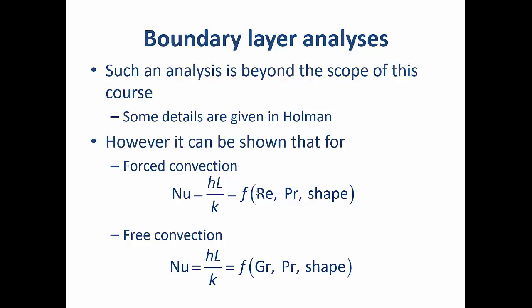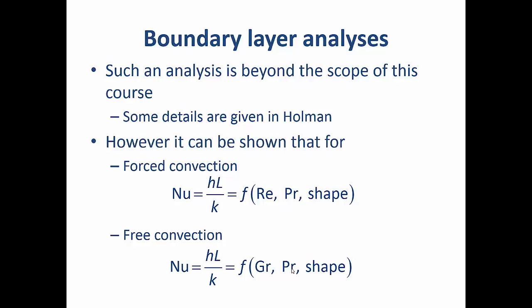Really the significant thing that comes out of it is that for forced convection it turns out the Nusselt number will be some function of the Reynolds number, the Prandtl number and shape, and for free convection the Nusselt number is some function of the Grashof number, the Prandtl number and the shape.